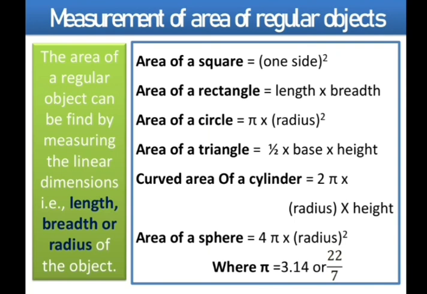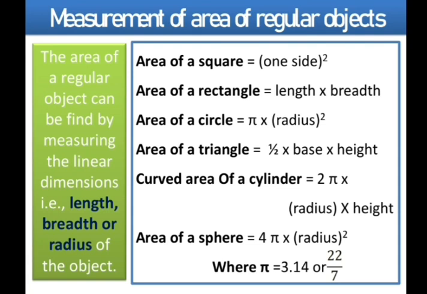Now moving to the measurement of area of a regular object. The area of a regular object can be calculated using all the relations given here. But before applying this relation, we need to know the length, breadth or the radius of the object. This can be calculated using a ruler scale or measuring tape. Fine.